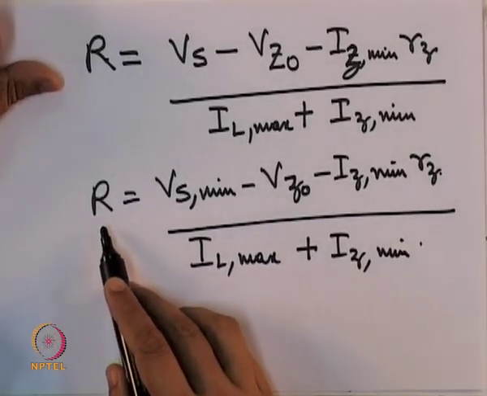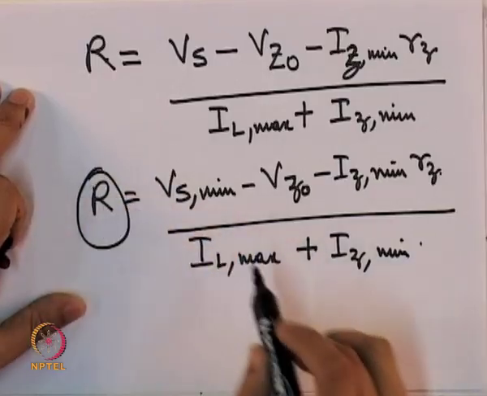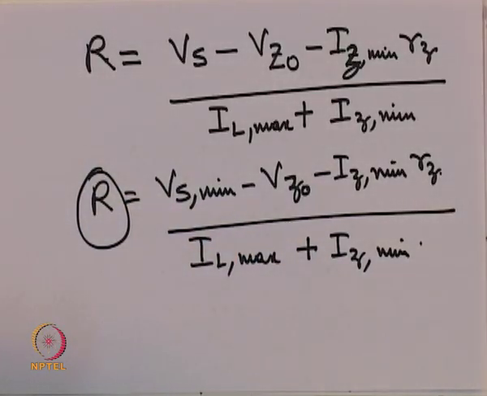So, this value of R that I get is for the worst case.